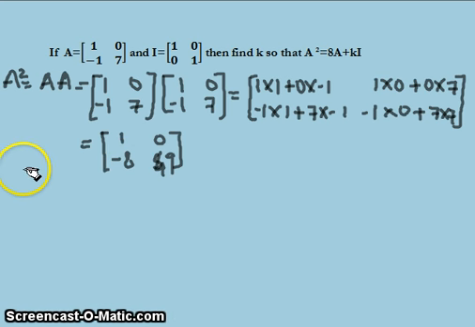Now we move to the right hand side term of the given equation, that is 8A plus KI.